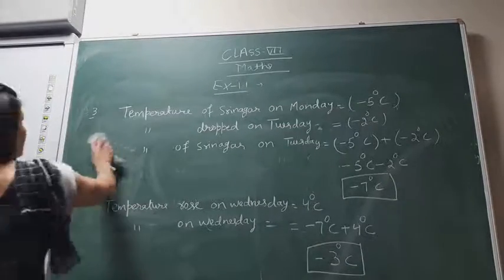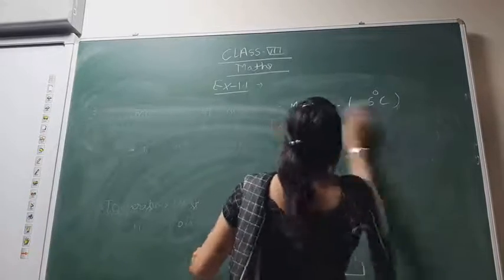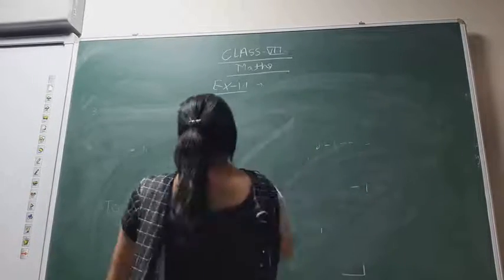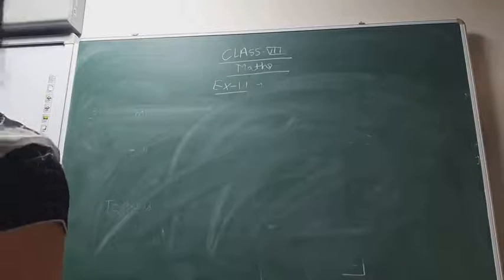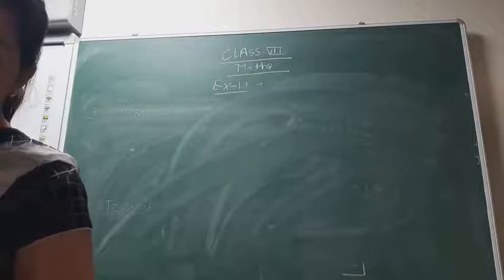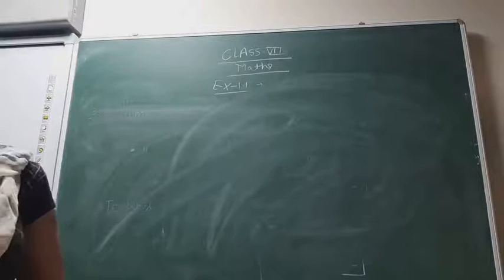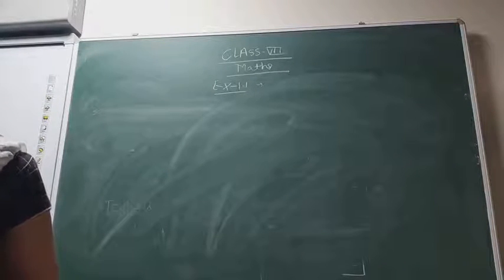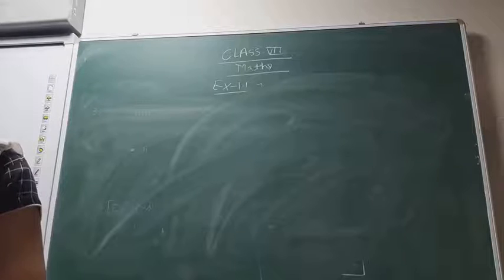Firstly, we will read the statement and then we will do our question. So our fourth question is, a plane is flying at a height of 5,000 meters above the sea level. They are saying about the sea level, a plane is flying at this height.